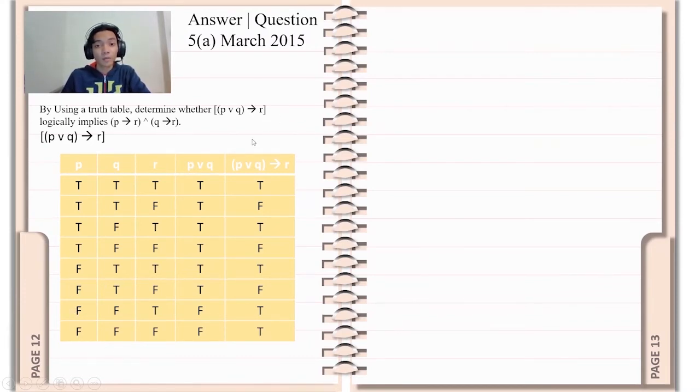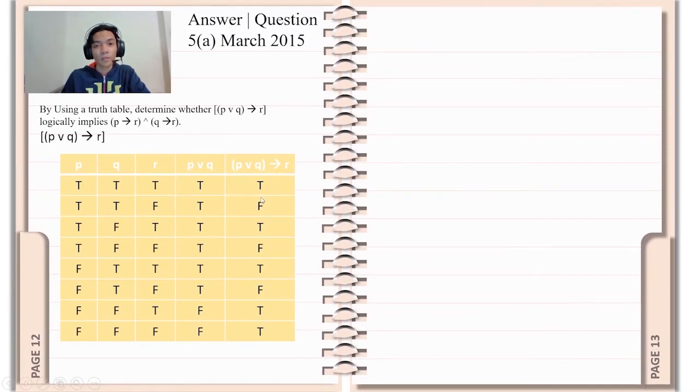And then for (P ∨ Q) → R, for implication, the truth value will only be false if the hypothesis is true but the conclusion is false. Since the truth values for both are true, we get true.